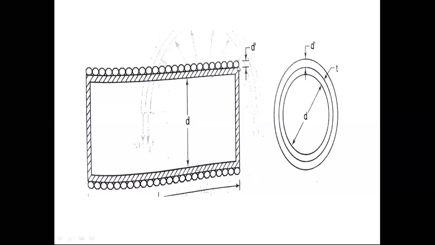This is the wire with diameter D dash. This is the longitudinal section, and you take the cross section. This is the diameter of the cylinder, this is the thickness of the cylinder, and the outer ring is the diameter of the wire. Have you seen this figure? All of you draw this figure.